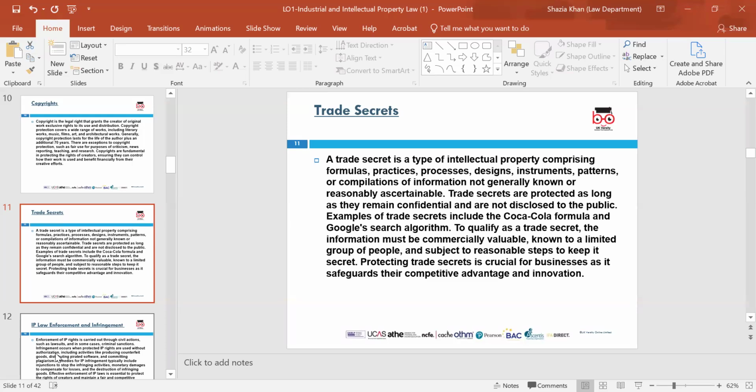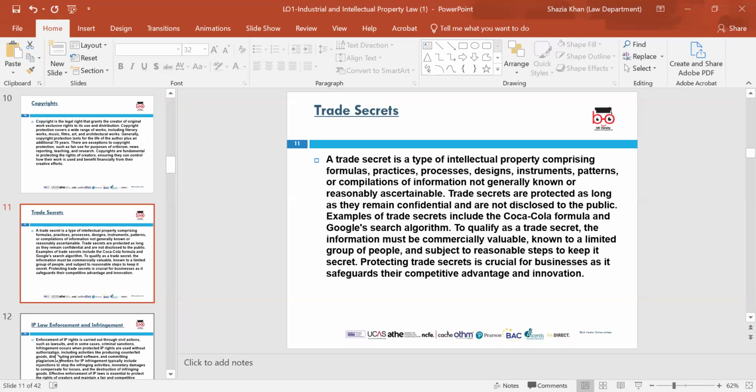The company has kept its formula a trade secret for a long time, for over 100 years. It's locked away, and only a few people have the exact ingredients to Coca-Cola. Could you imagine if that ever got out there and people tried to create their own Coca-Cola with those ingredients?